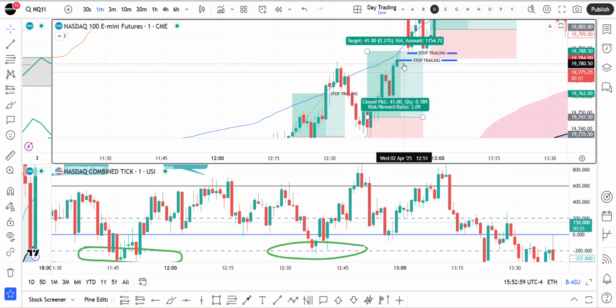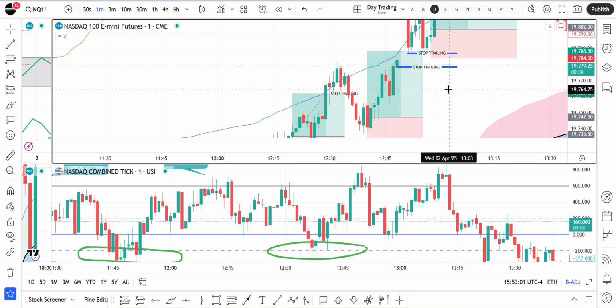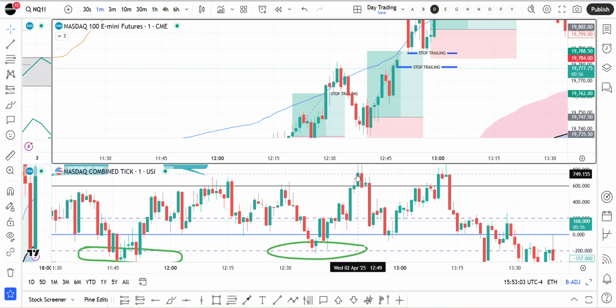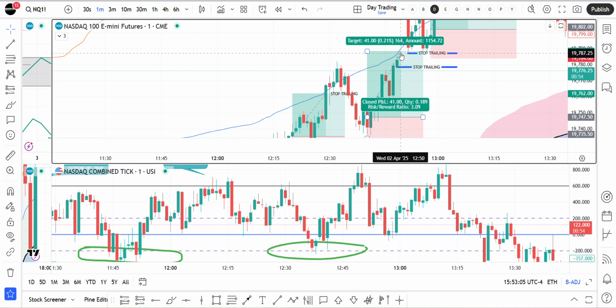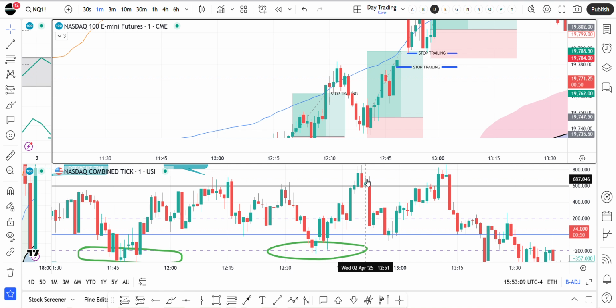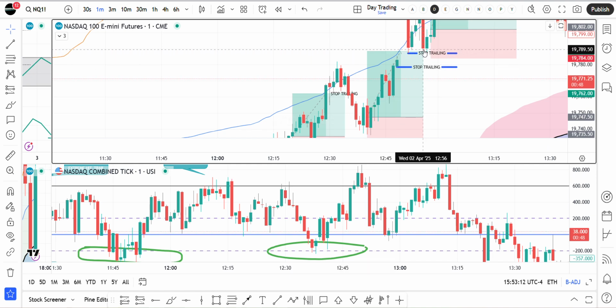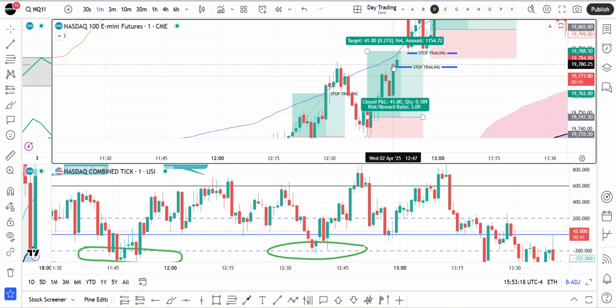1248, trailing our stop. 1248, 1249, trailing our stop. 1250. We've got a candle missing.